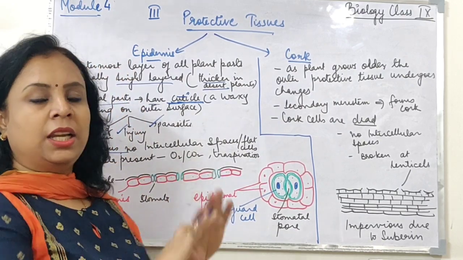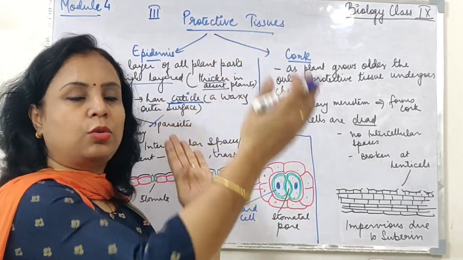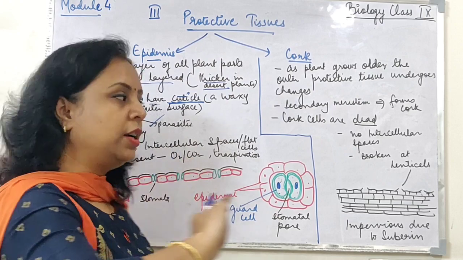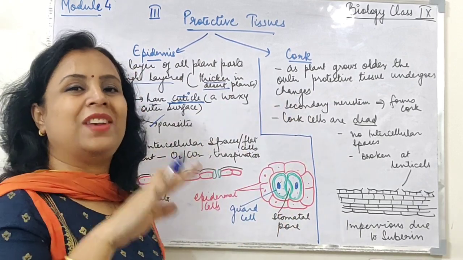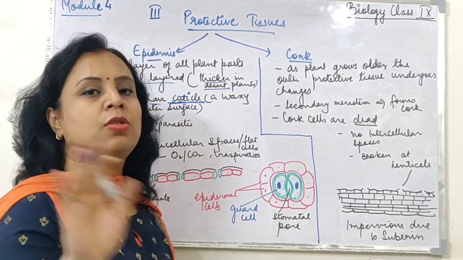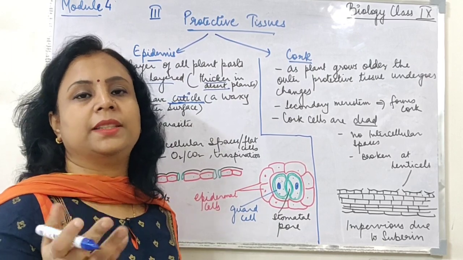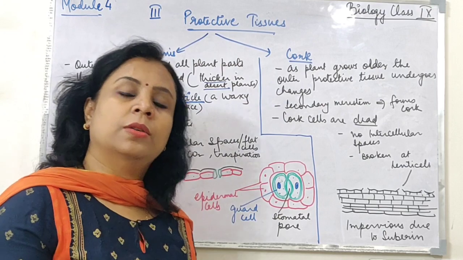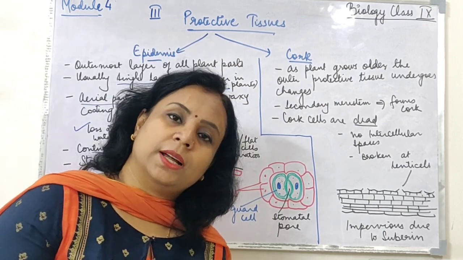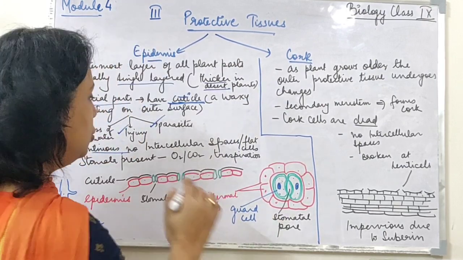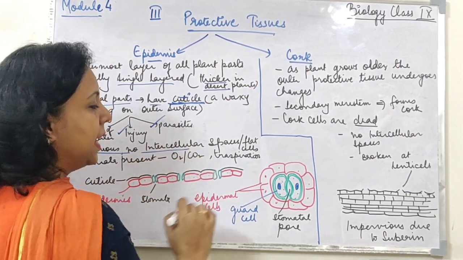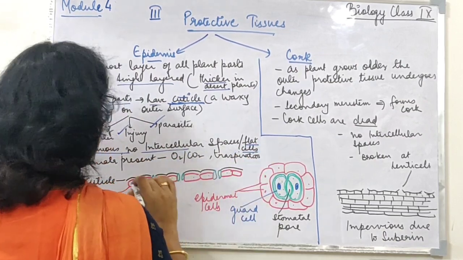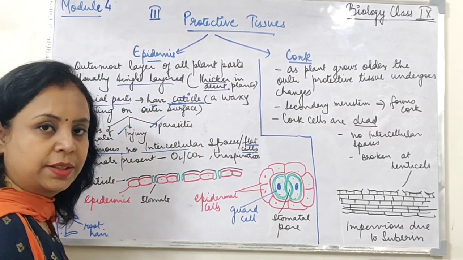Similarly, the plant is protected throughout. So it is a continuous layer and it is made up of flat cells. And it does not have any intercellular space. Intercellular space would mean allowing the entry of microorganisms, isn't it? So no intercellular space is there. The cells are flat and they are continuous.